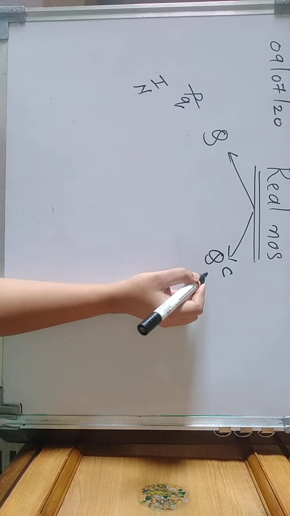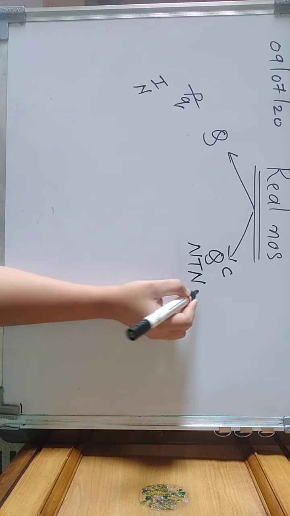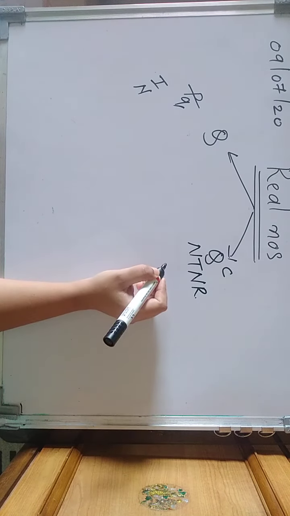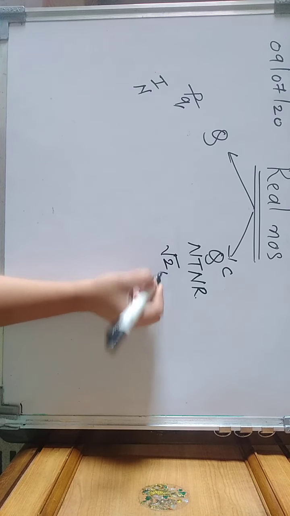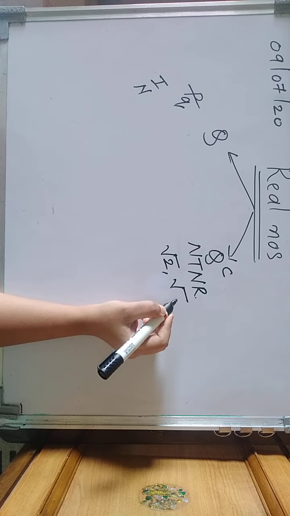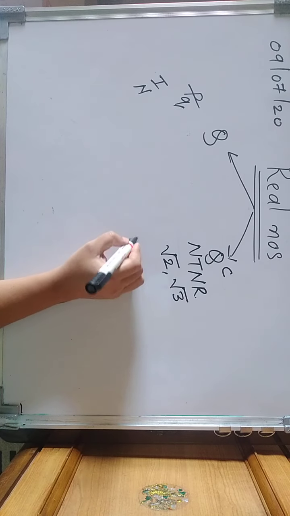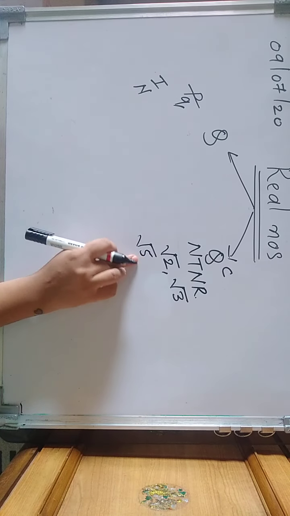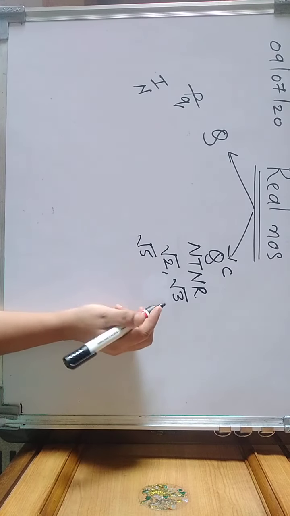Whereas irrationals are those numbers whose decimal format is NTNR, non-terminating non-recurring, and also those numbers whose roots are not perfect. The roots of non-perfect squares, root 2, root 3 or root 5, come under irrational numbers.